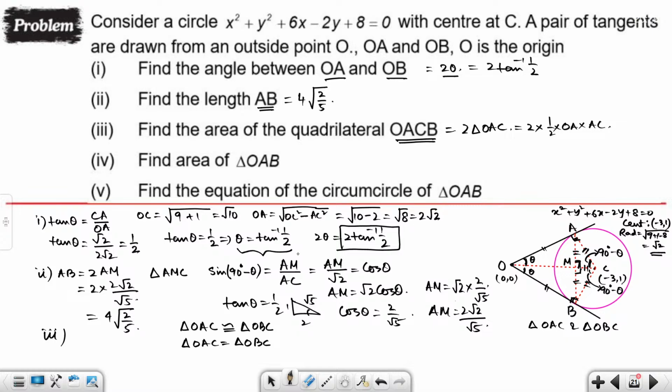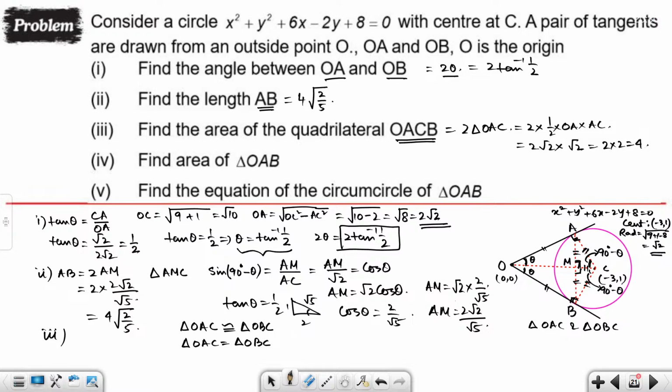Where is OA? This one. OA is 2 root 2. So it's 2 root 2 into AC. AC is the radius. So it is coming to 4 square units. Therefore, the area of the quadrilateral is 4 square units.